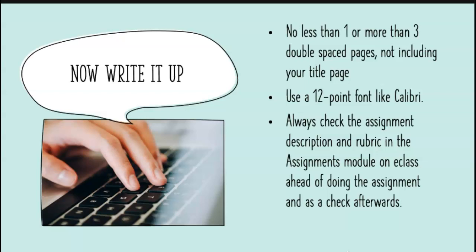That's a tricky way to do it, just to be that concise. But you have between 1 and 3 double-spaced pages, not including your title page, for this assignment. If you find that's absolutely impossible for you and you need 4, I'm not going to cry. I'm not going to mark you down. So don't get too frazzled about the page numbers.